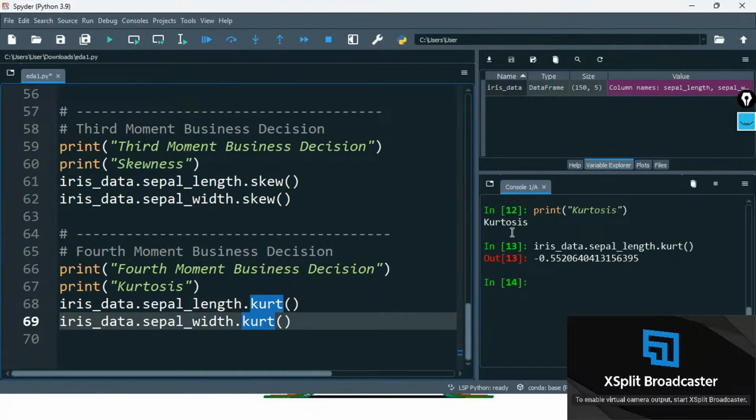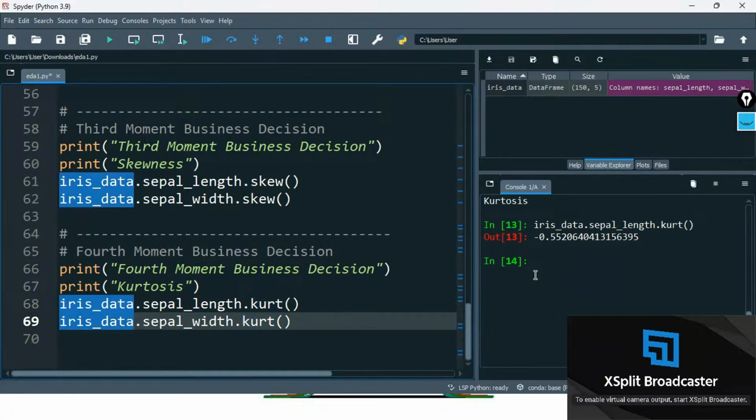So tell me what kind of kurtosis it is. It is minus 0.5520. Is it positive kurtosis, negative kurtosis, or what? It belongs to negative kurtosis.